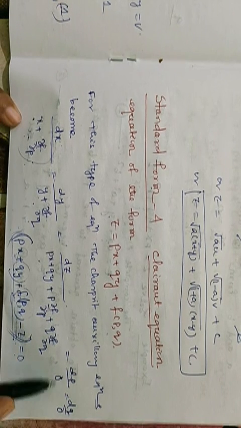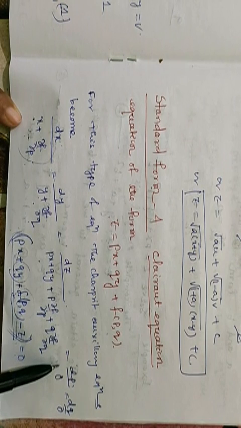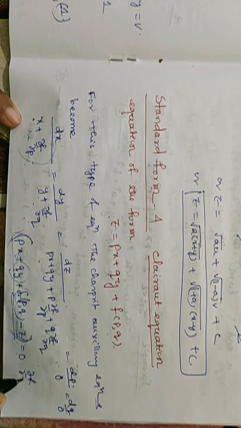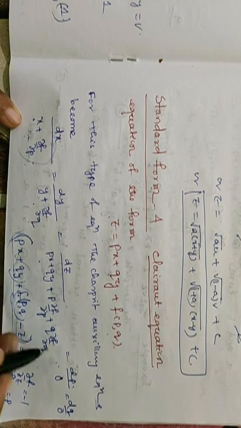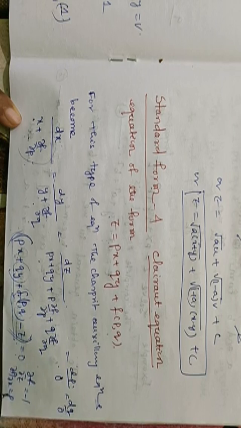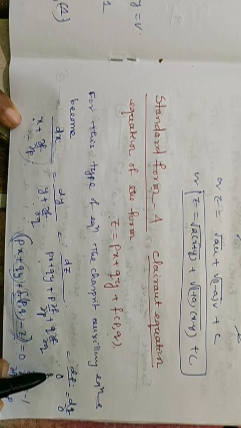Now look here, dp by minus of del F by del x plus p del F by del z. What is del F by del z here? Del F by del z is equal to minus 1, and del F by del x is equal to p. So the denominator becomes p plus p into minus 1, that means p minus p, that is 0.